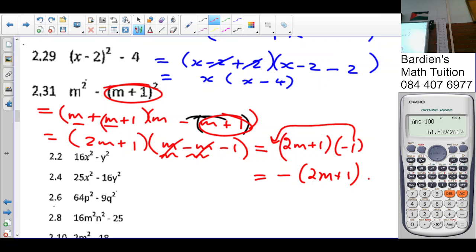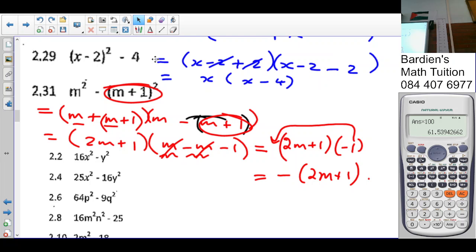I could have put a bracket here, but it doesn't matter, because a positive 1, you multiply that in, it's not going to make any difference. You will put a bracket or not. You understand? However, if there's a negative, you must have a bracket. Okay?